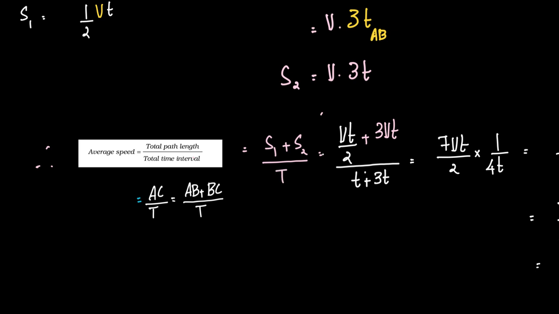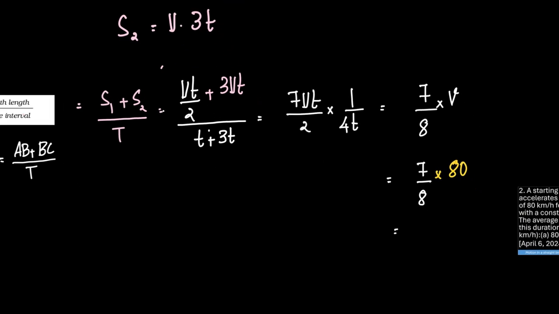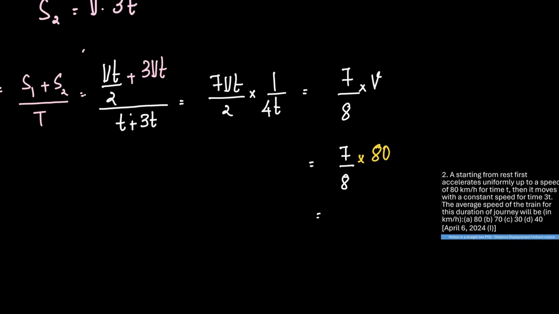What is total time? t plus 3t, which is 4t. s1 plus s2 now will be equal to 7vt by 2, divided by 4t.